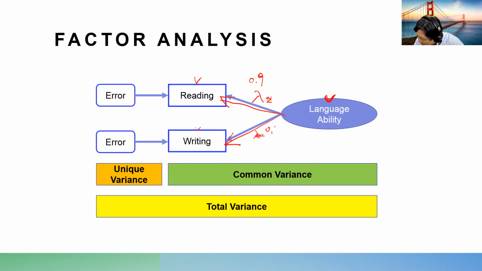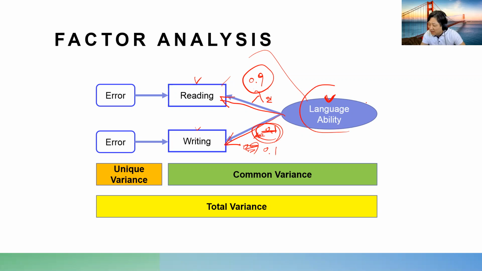And if this is 0.1, what does the 0.9 here mean? The factor loading is the relationship between the factor score and the observed variable. So the 0.9 is a very strong relationship between language ability and reading. But if this is 0.1, even though they should be highly correlated, I just say 0.1, that means this language ability factor does not predict writing.